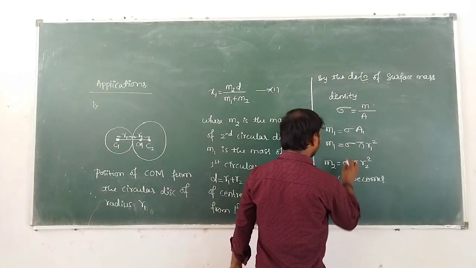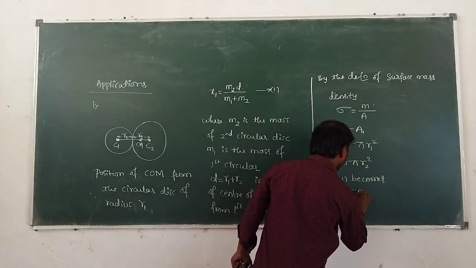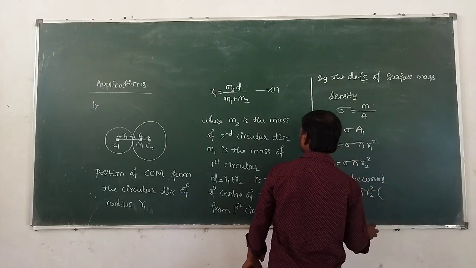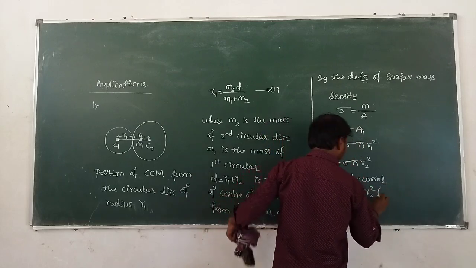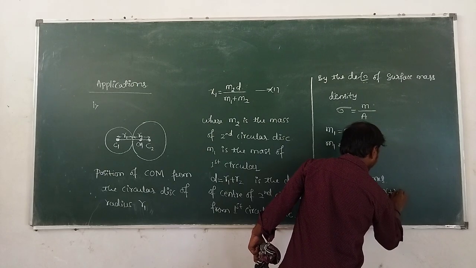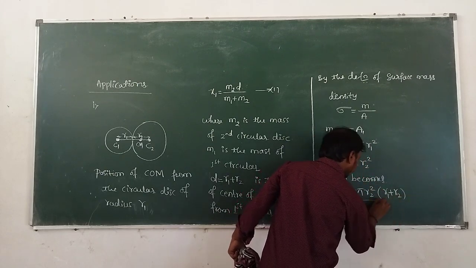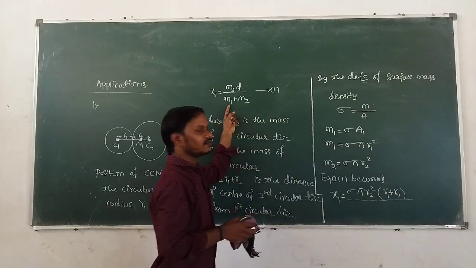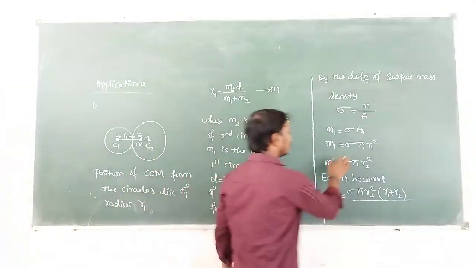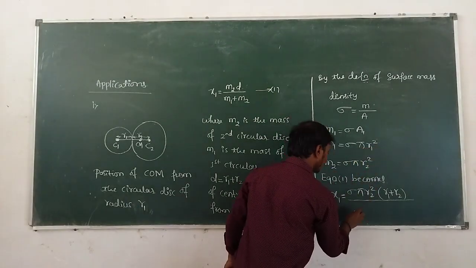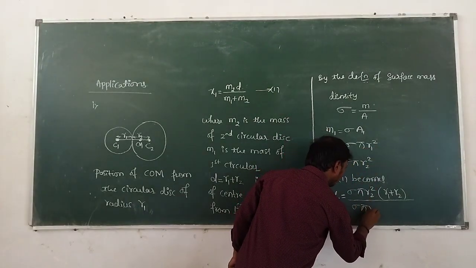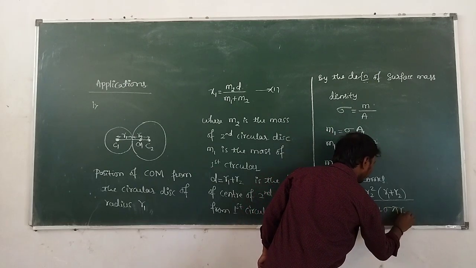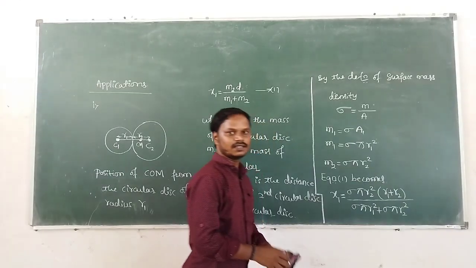Then m2 is how much? m2 is sigma into pi r2 square. d is nothing but r1 plus r2, divided by the mass of the first circular disk m1, that is sigma into pi into r1 square, plus sigma into pi into r2 square, which is the mass of the second circular disk.